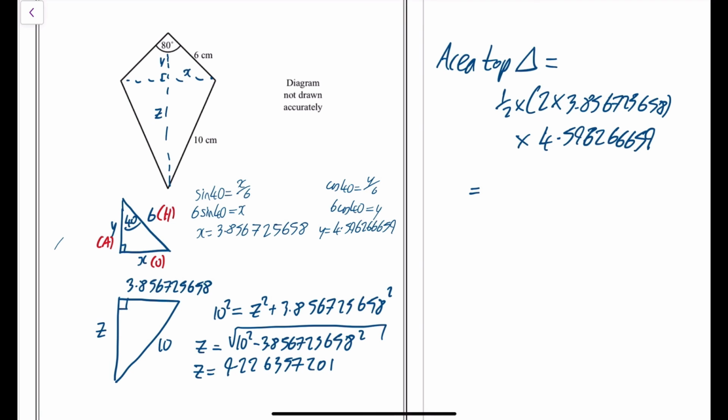And then my top triangle works out to be 17.7265395.